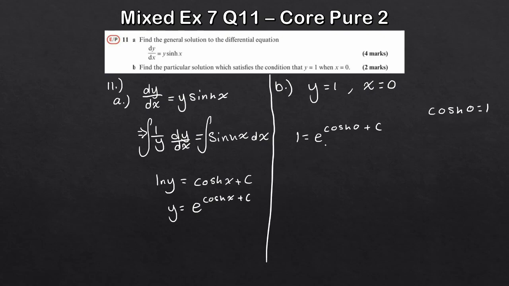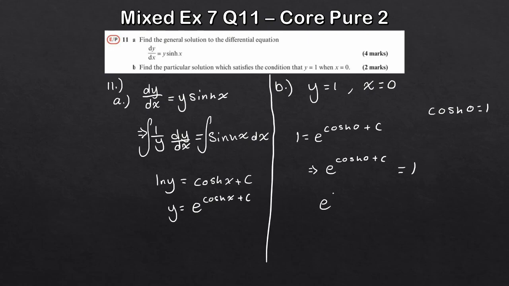Now, I've got e to the power of something equal to 1, so that power clearly has to be 0. I'm losing my voice as well, hopefully I'll make it to the end of this one. So if I rewrite this, e to the cosh of 0 plus c is equal to 1. Remember, anything to the power of 0 gives me 1, right? So this power has to be 0.